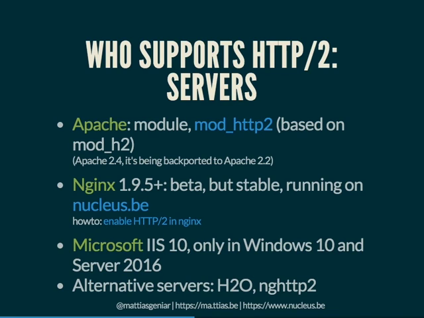H2O and nghttp2 have both been very active recently, and have been the first production-ready web servers to implement the new protocol. And in many cases, they are used as a proxy before your Apache or your Nginx. So you usually had a setup where Nginx was the first to get your request, and then it would proxy to Apache or something else. These are even more proxies to put in front of your proxy, just to support HTTP 2.